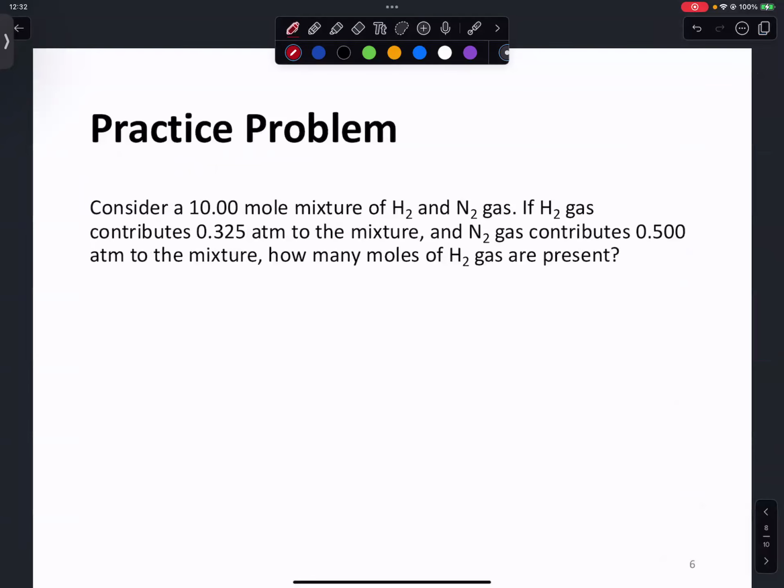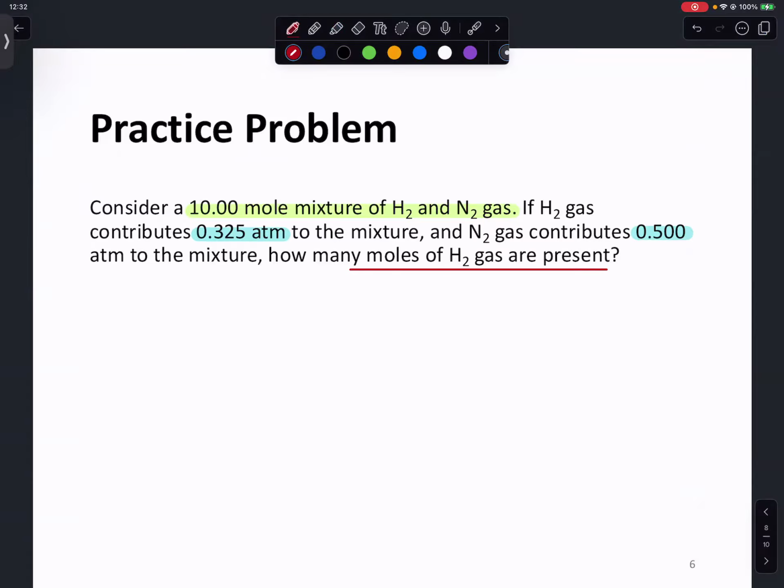Now, in this problem, we have a 10 mole mixture of hydrogen and nitrogen gas, and you're given the partial pressures. The partial pressure of hydrogen is 0.325 atmospheres, and that of nitrogen is 0.500 atmospheres. How many moles of hydrogen gas are present?